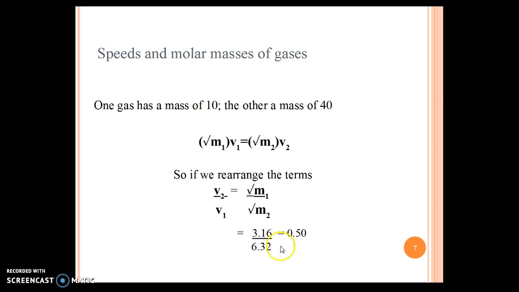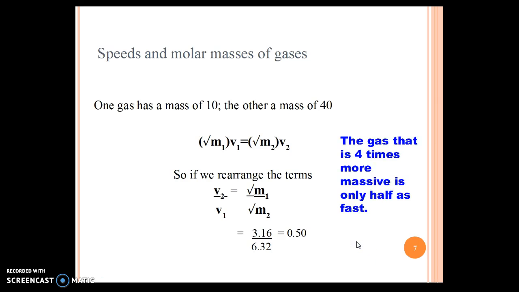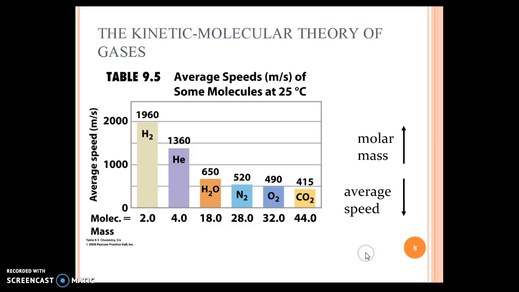If we then put the square root of 10 on top, the square root of 40 on the bottom, we divide those out, we get a ratio of 0.5. What that means is that this gas that is 4 times more massive than that is half as fast as that. And that, of course, relates to the fact that the velocities are squared in the kinetic energy equation.